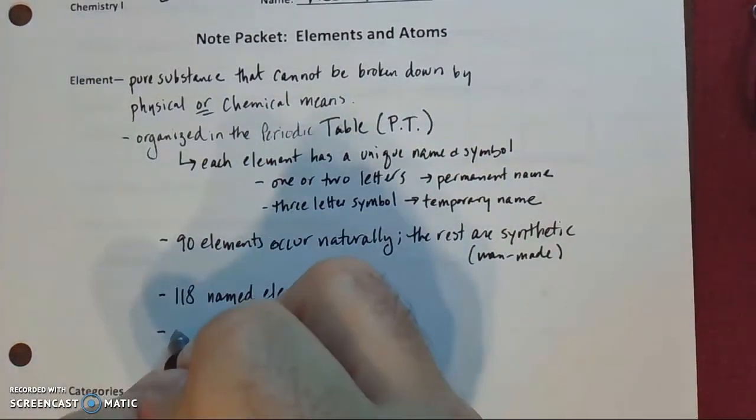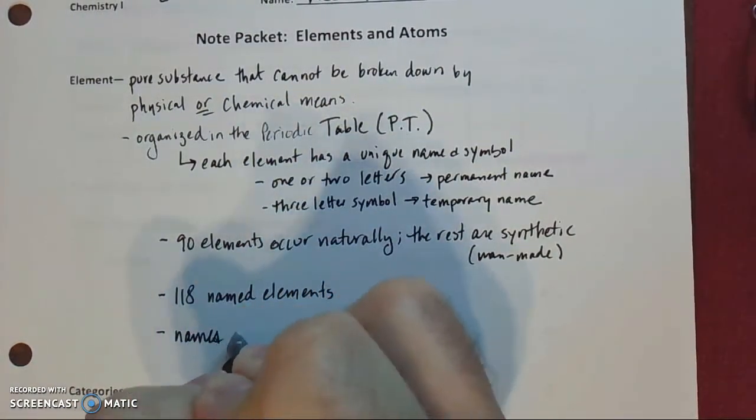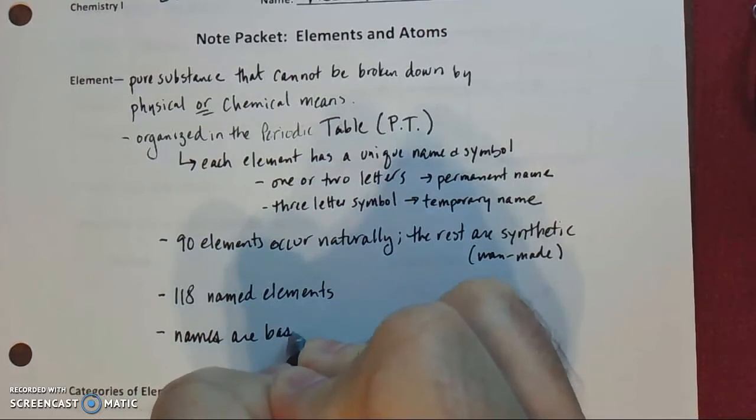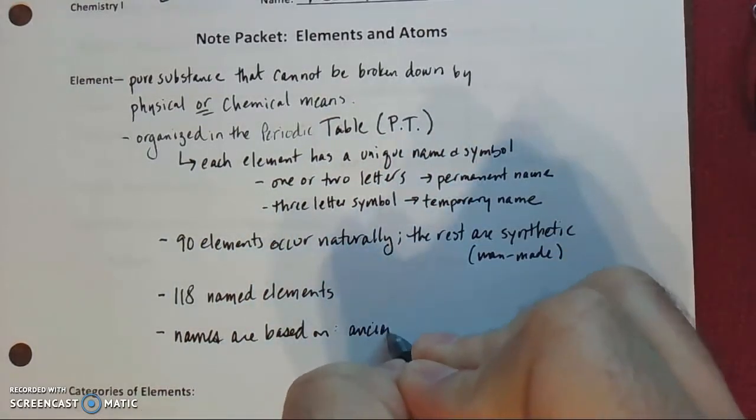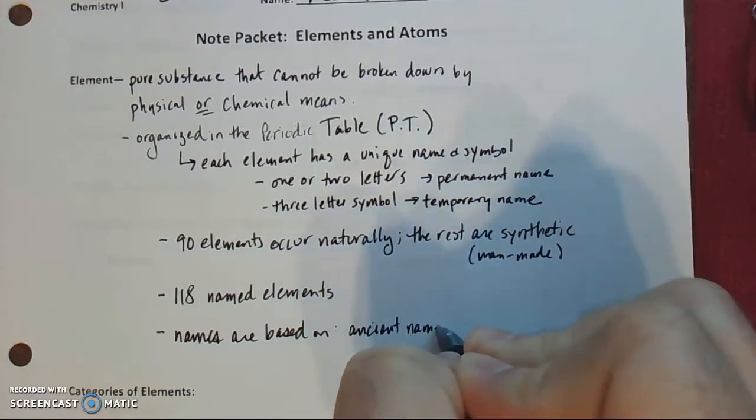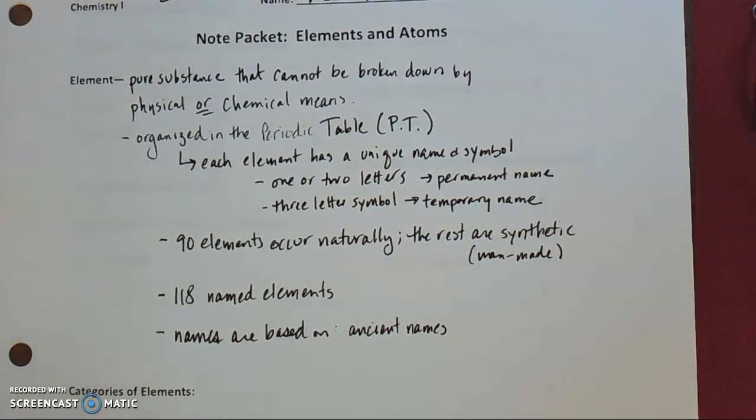And names on the periodic table are based on ancient names. So if we take gold, gold symbol is Au, but gold at one time was known as aurum, A-U-R-U-M, and it means dawn in Latin, like the sunrise, dawn, because of its yellowish color.